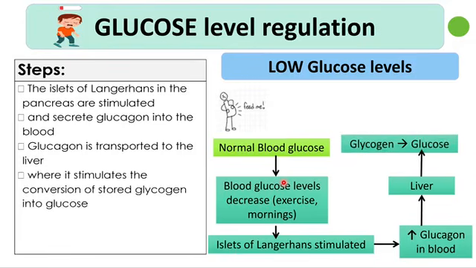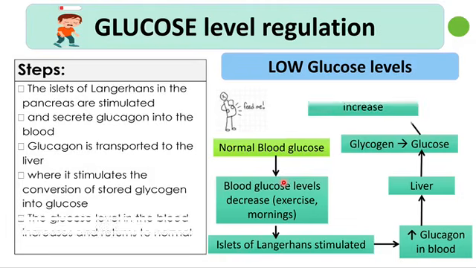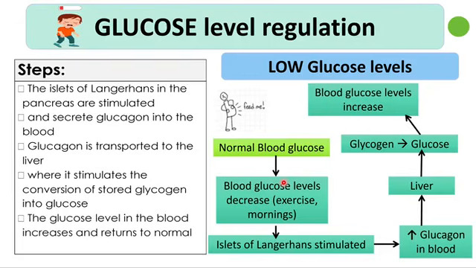So now I'm going to have glycogen going back to glucose, but now it's still inside the cell. That doesn't change my blood glucose level. So I have to release that glucose back into the bloodstream, and that will then increase the level of blood glucose, and then it will go back to normal. Okay, so this is really important. I like to think in diagrams or in pictures.